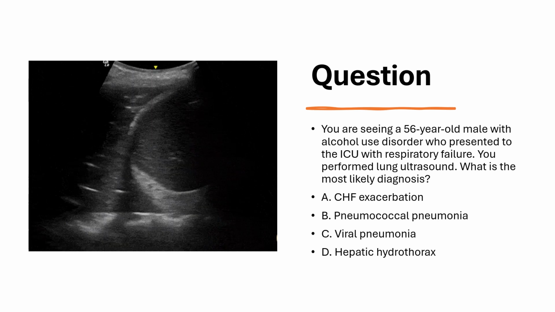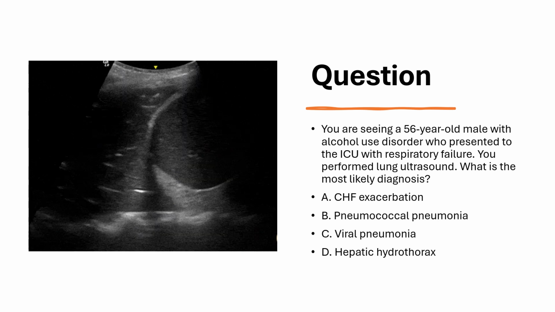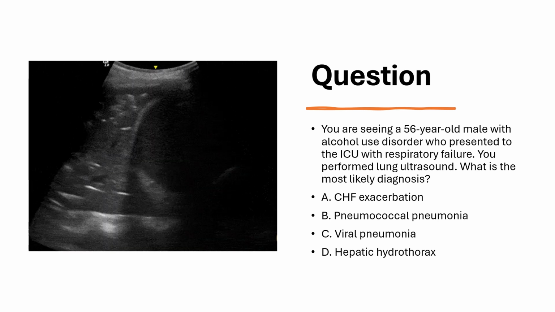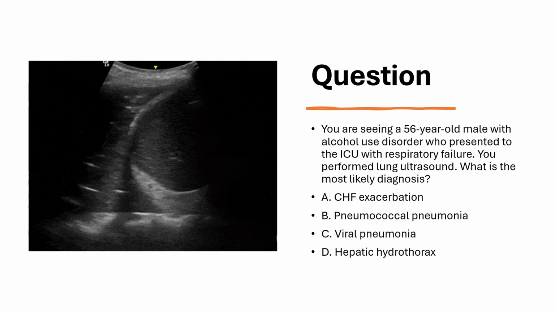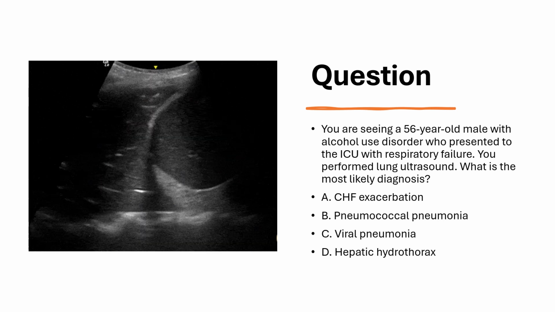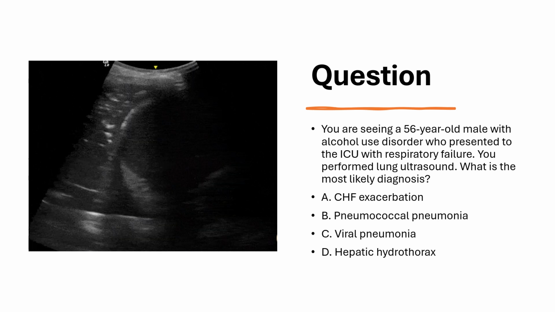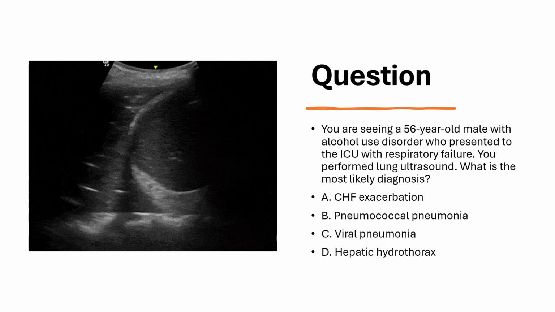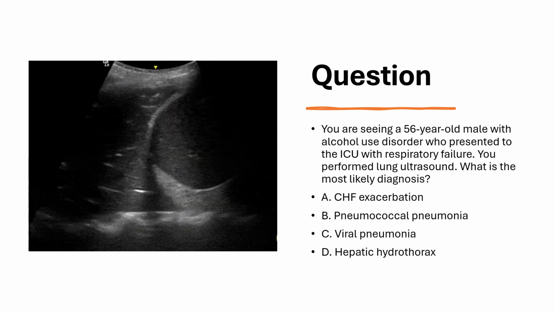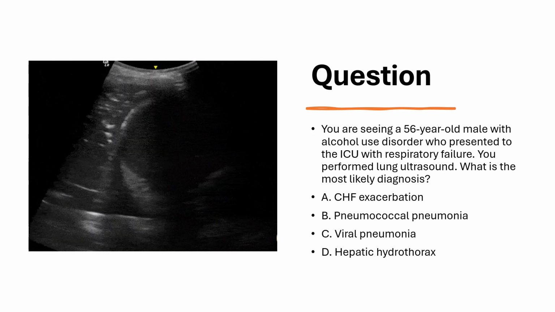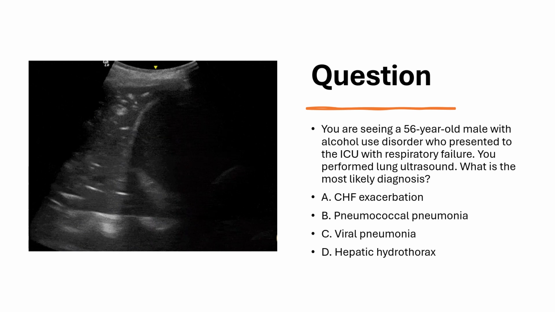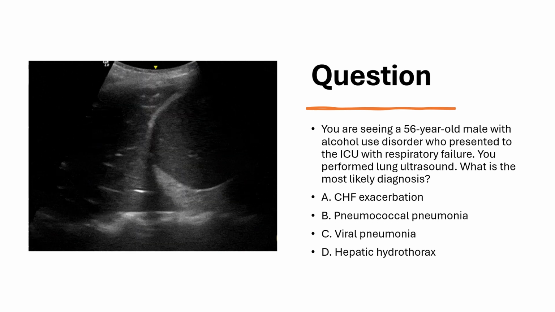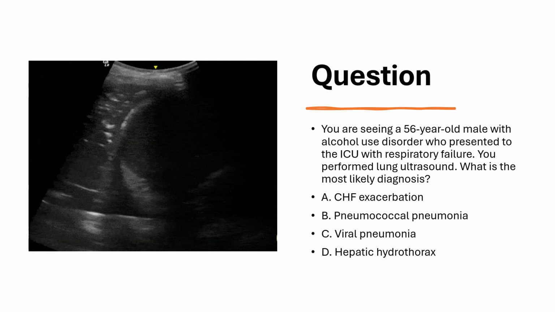When these white strands don't appear to be moving, they are called static air bronchograms, which are more suggestive of simple atelectasis. So because this patient has a dense consolidation, which is typically seen with pneumococcal pneumonia, and not CHF exacerbation, not viral pneumonia, and not hepatic hydrothorax, which is a simple anechoic transudative pleural effusion seen in patients who have liver cirrhosis.